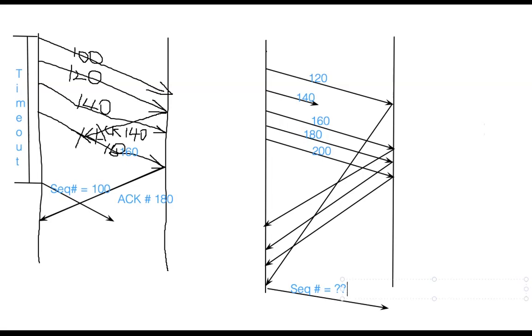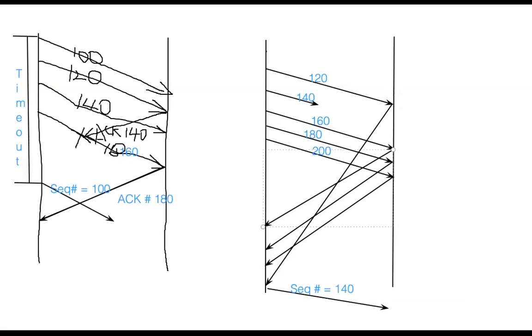Okay, so this sequence number should be 140. Why? Because we say that when we see 3 duplicated ACKs, we will retransmit, right? So this ACK for 160, based on the rule, there is a gap, so I will directly ACK it.